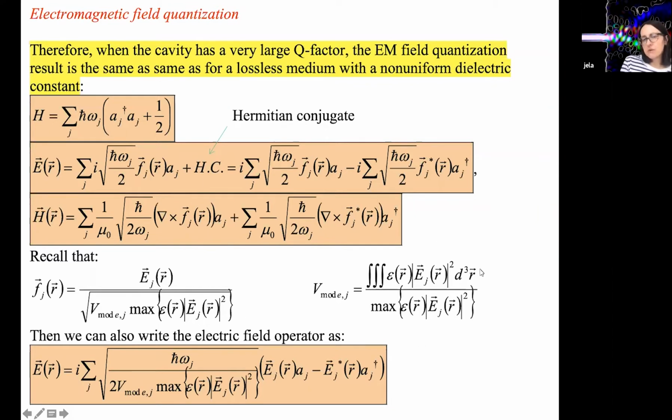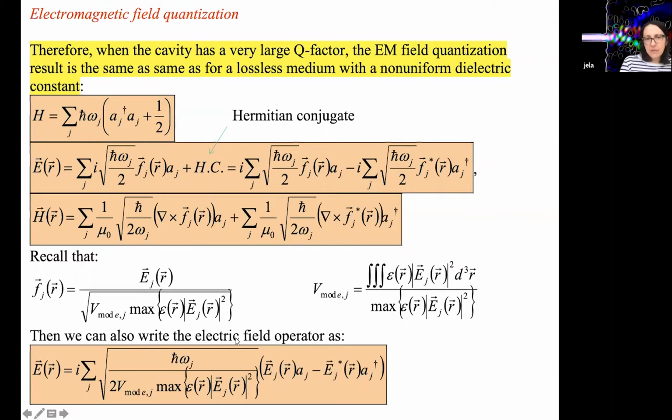The mode volume definition is the same one as we introduced before: the integral of epsilon E squared divided by the maximum of epsilon E squared. And you can easily show that F's defined in this way satisfy the orthonormality that we showed before, that basically they're orthonormal with an extra epsilon under the integral.